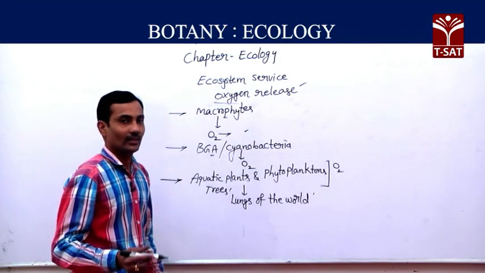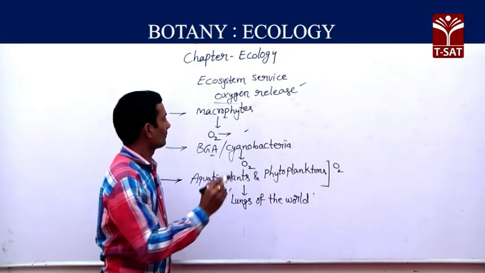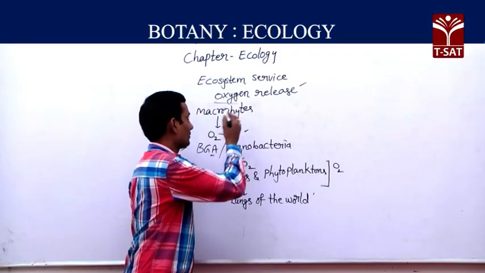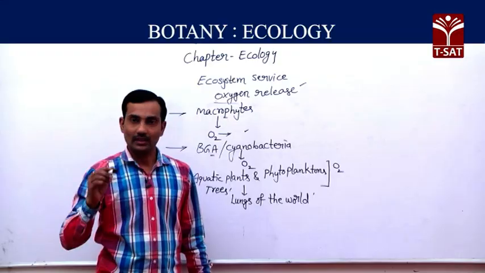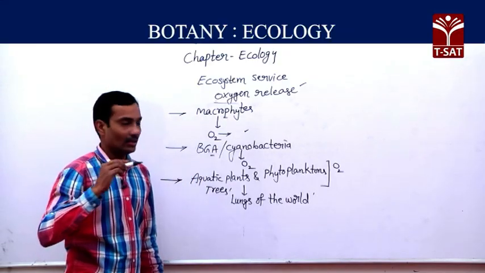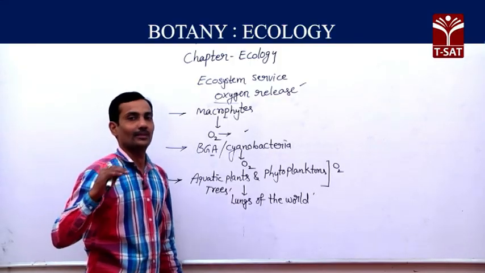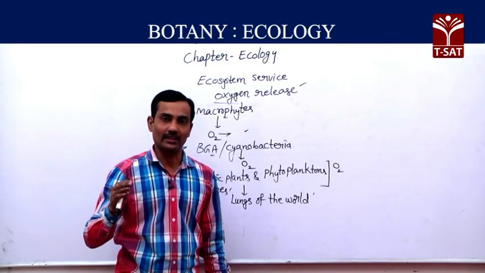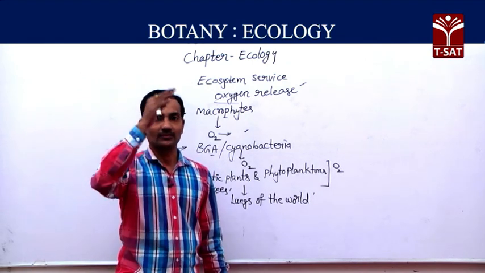So that's why, because of ecosystem services, carbon consumption and oxygen release. Because of plants, in the atmosphere we can find gases, oxygen and carbon dioxide, in an average percentage, because in a continuous cyclic manner these gases move from atmosphere to plants to atmosphere.